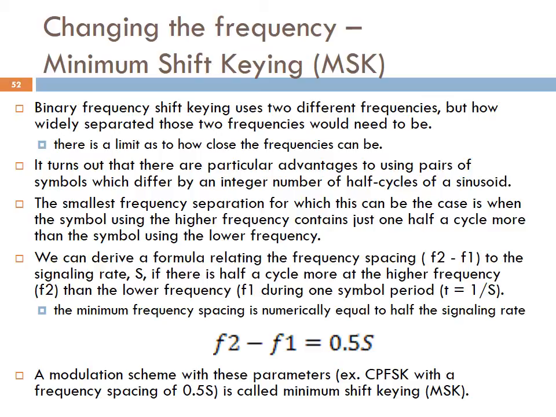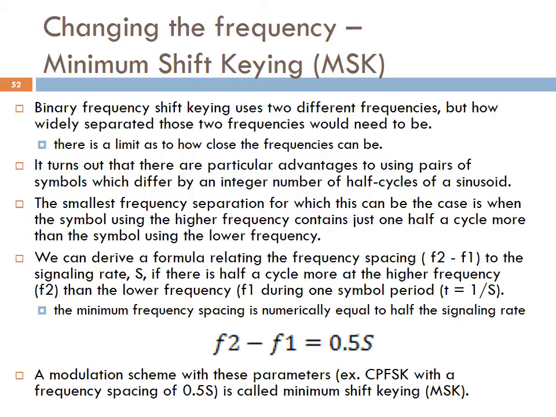So the minimum shift in frequencies is equivalent to half a cycle of a sinusoid. The smallest frequency separation for which this can be the case is when the symbol using the higher frequency contains just 1/2 a cycle more than the symbol using the lower frequency.